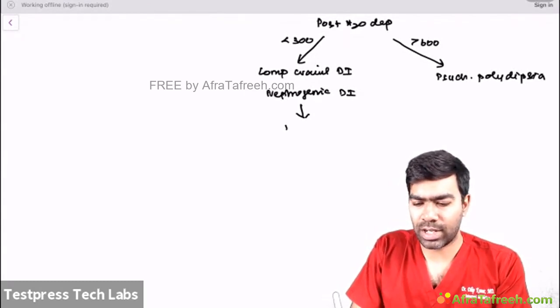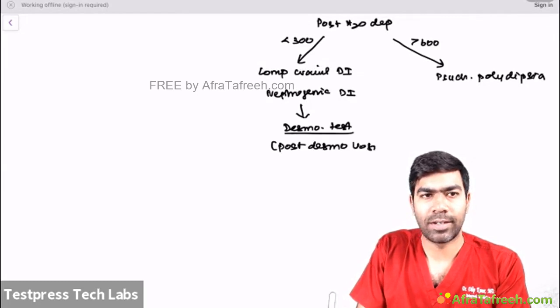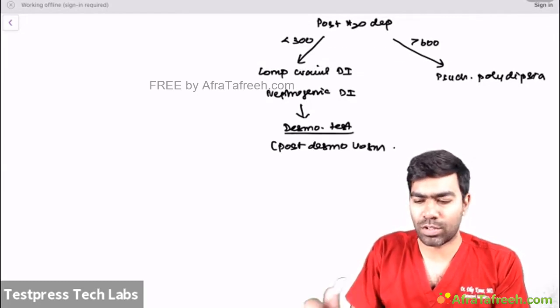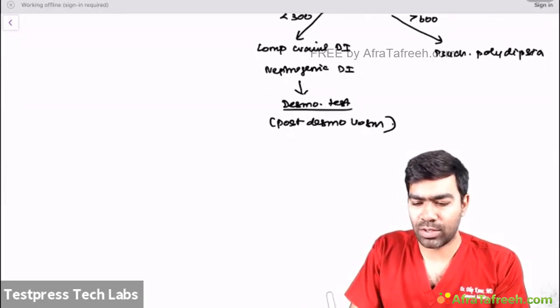So when it is less than 300, if I want to differentiate the causes, then I'll be doing a desmopressin test. I'll be giving desmopressin and I'll be seeing the post-desmopressin urine osmolality. After giving desmopressin, I need to see the change in the urine osmolality, how much change is happening.